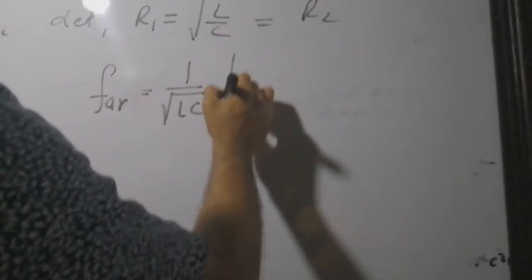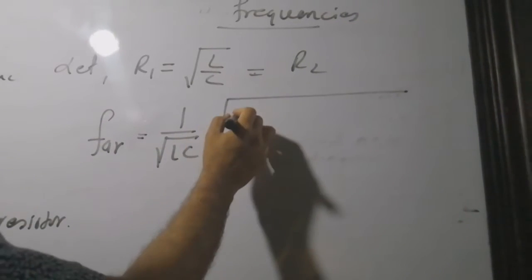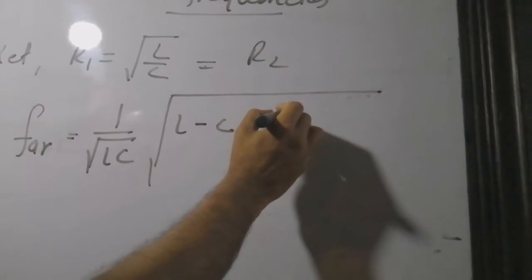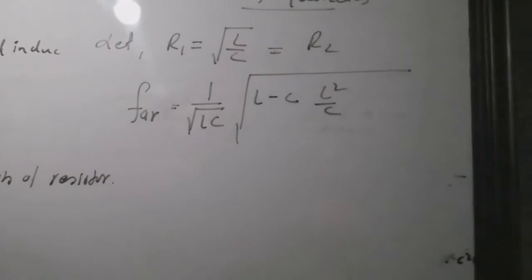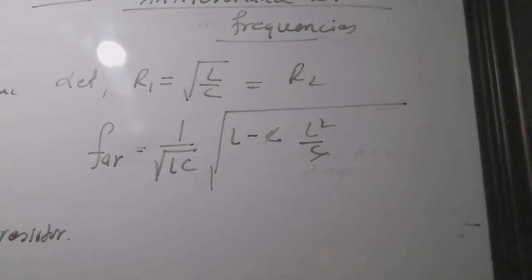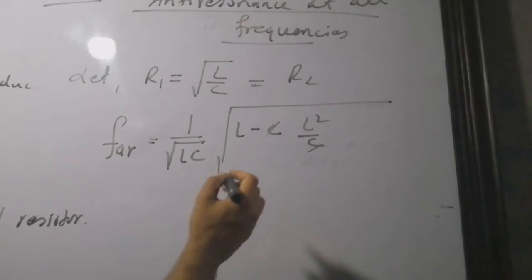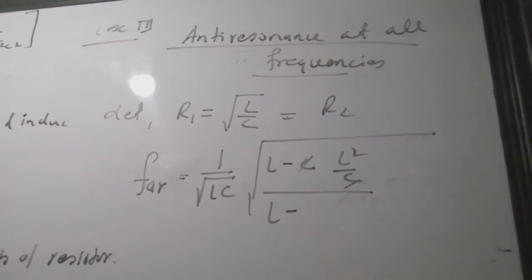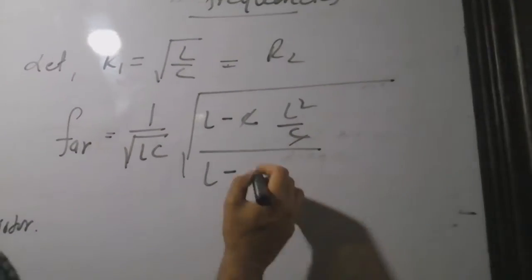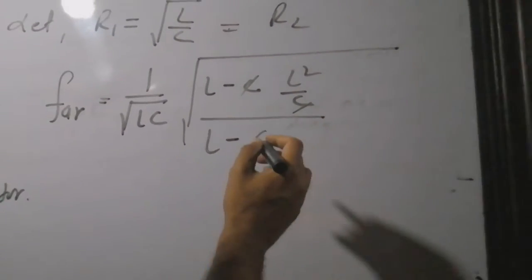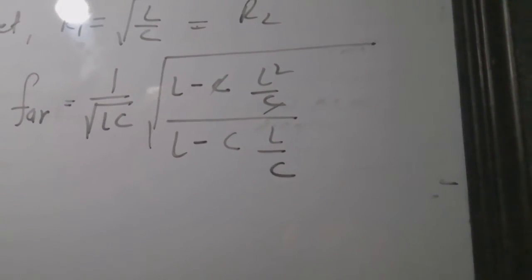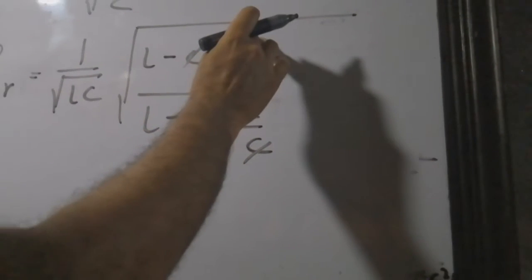So this is the root under, and I put L minus C times R1 square, which means L square by C, and this C cancels. The next term is L minus C times R2 square, R2 square means L by C, this C also cancels, so this is also L by C.